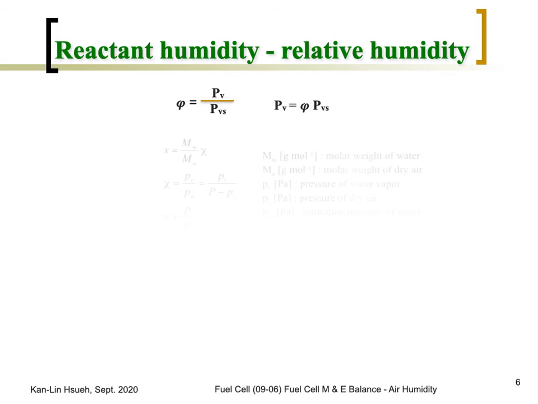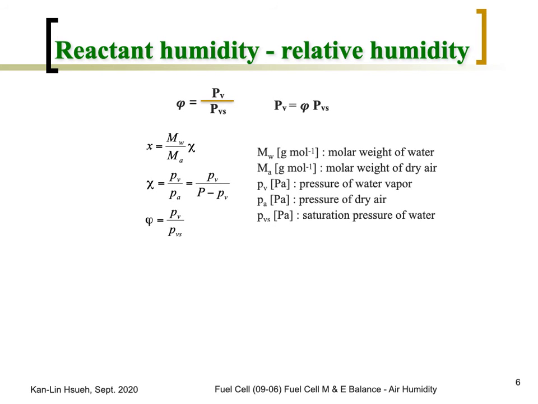So from here we have three different humidity definitions. X is the mass humidity, the humidity based on mass ratio, and the Xi is the humidity based on molar ratio, and then the phi is the relative humidity based on the partial pressure and the saturated vapor pressure of water.